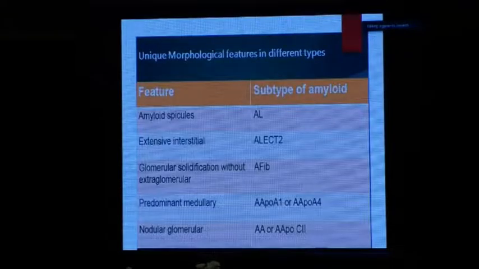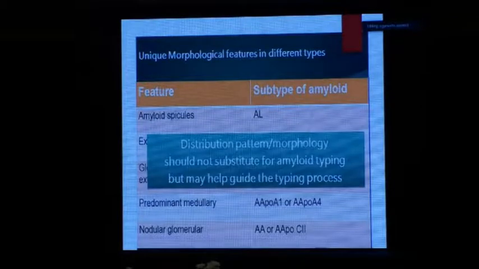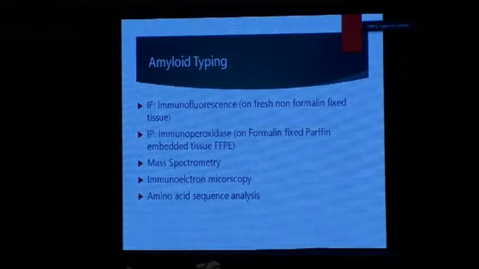Although they all give similar histological pictures, in a renal biopsy we can guess which type it is, because each type gives a unique morphological feature and a different site of deposits. In spite of this, the distribution pattern and morphology can give you a clue. It should not substitute for amyloid typing, but it can guide the typing process.